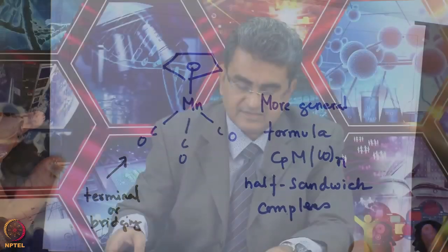I will illustrate this with the following examples. For example, these carbonyl moieties can act as both bridging and terminal when they are bound to 3d metals, whereas they can act as mainly terminal when bound to 4d or 5d metals.